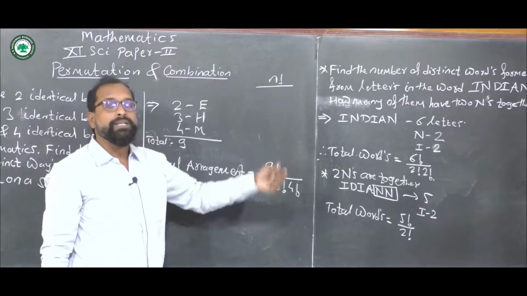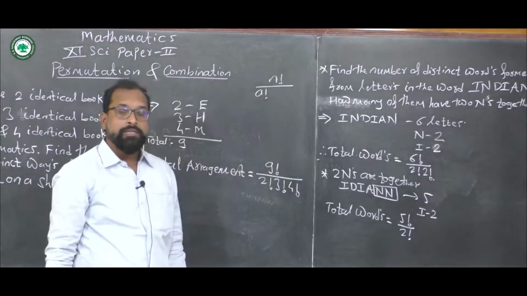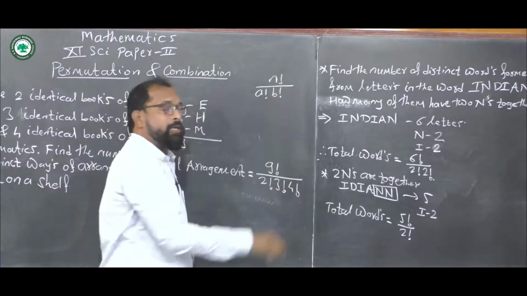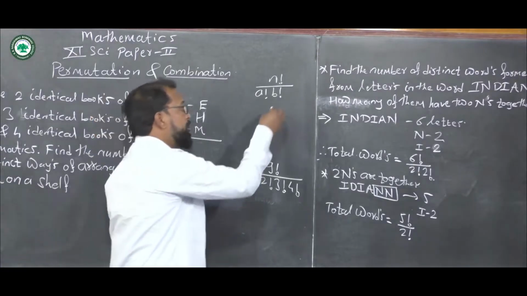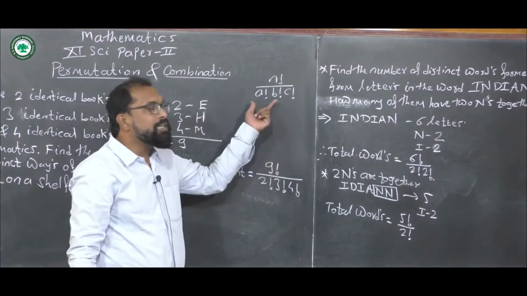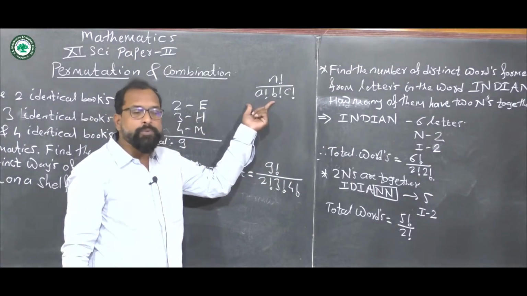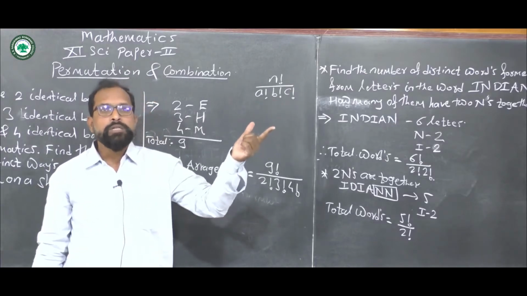Suppose some object repeats A times, we divide it by A factorial. Some object repeats B times, we divide it by B factorial. Some object repeats C times, then we divide by C factorial, and so on. In this way, we can find the arrangements or permutations of the objects in which all objects are not different.